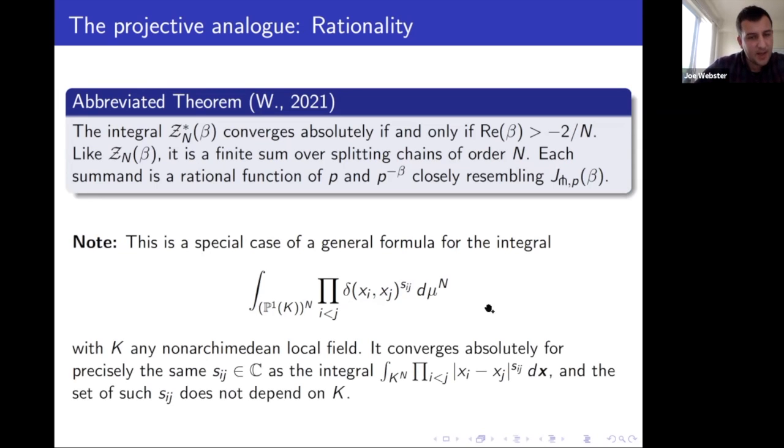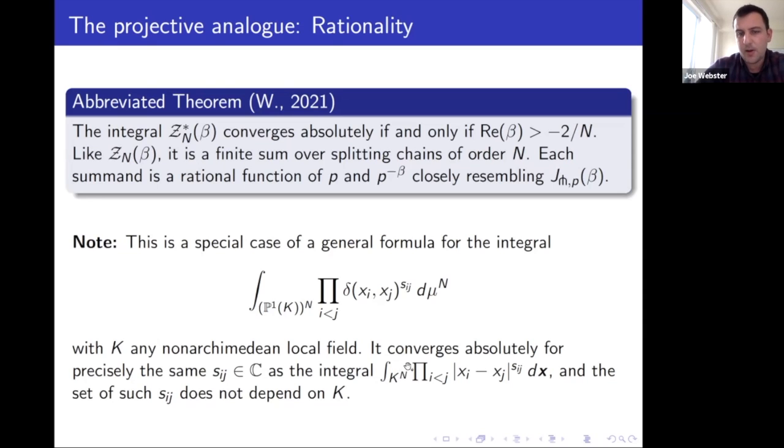And I want to add that it converges in this more general case for precisely the same Sijs as this one did. Oops, that is a typo. This K should be the compact or the closed unit ball in K. So whatever ZP is, or whatever the analog of ZP is in K.